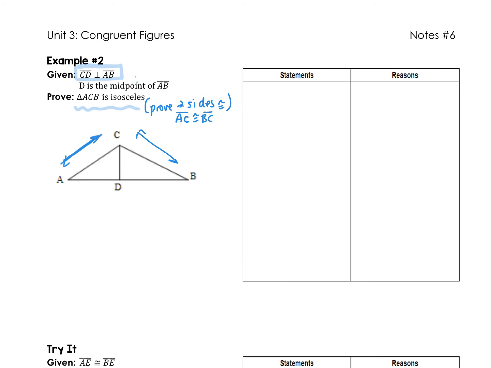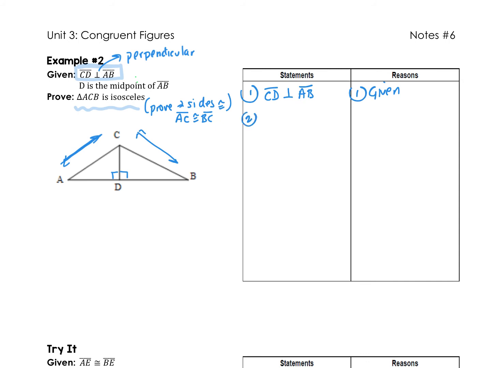So sometimes in a problem, it helps if you try to work backwards from the answer, if you happen to know the answer. So that's a really good strategy to take with writing proofs. First, line segment CD is perpendicular to AB is given to us. Again, that symbol right there is for perpendicular lines, and perpendicular lines form 90-degree angles, or right angles.